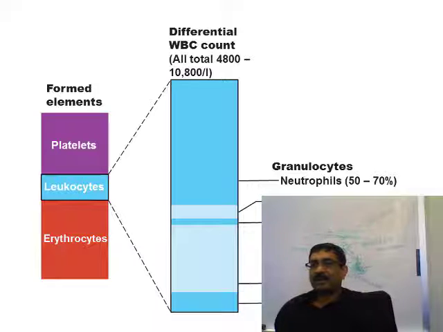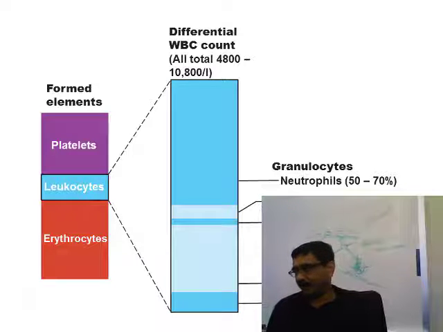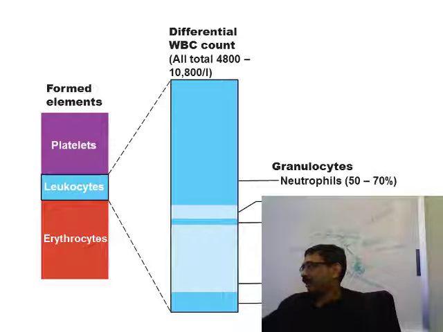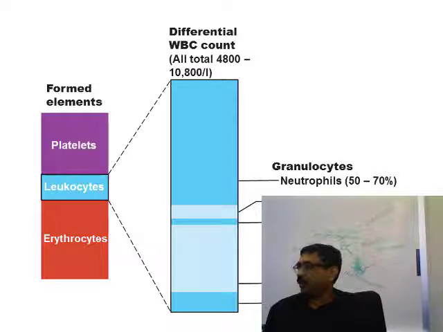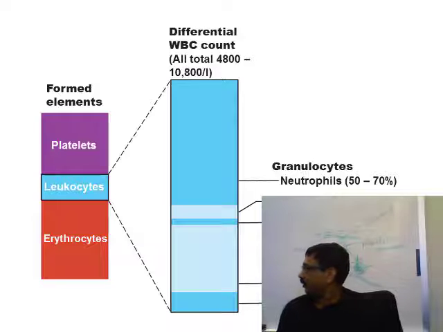Agranulocytes don't have granules. Granules are tiny pieces of highly concentrated chemicals, dot-like structures in the cytoplasm. That's the granule. So, what are the granulocytes? Neutrophils, eosinophils, and basophils.